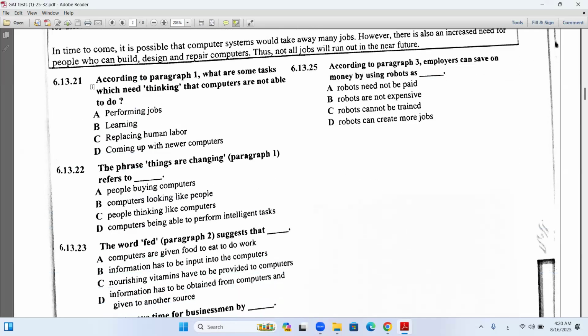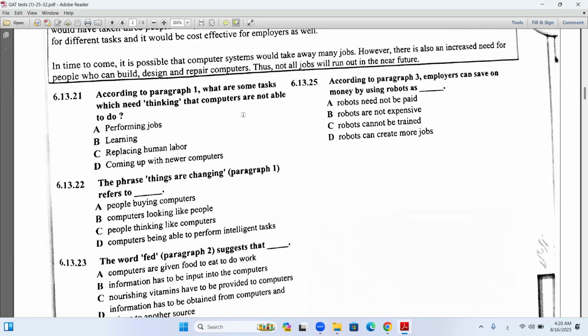So, number 21 here. According to paragraph 1, what are some tasks which need thinking that computers are not able to do? Please read the question carefully. Performing jobs. I think computers can do that. Okay. Let me show you something.